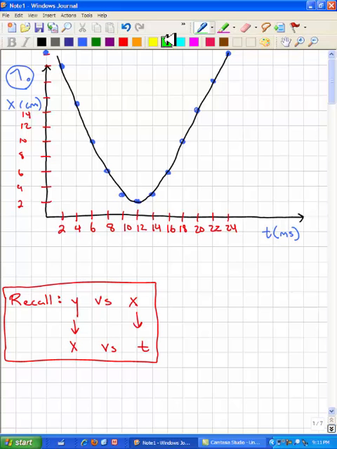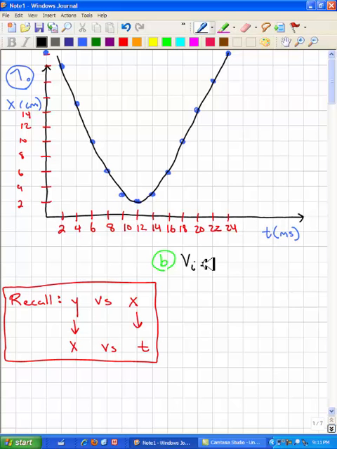So if we remember something, and this something is exceedingly important, we're looking at part B. We are asked to find the initial velocity. We are given no information except for this graph, so we have to use our brain and think just a little bit about what we know.